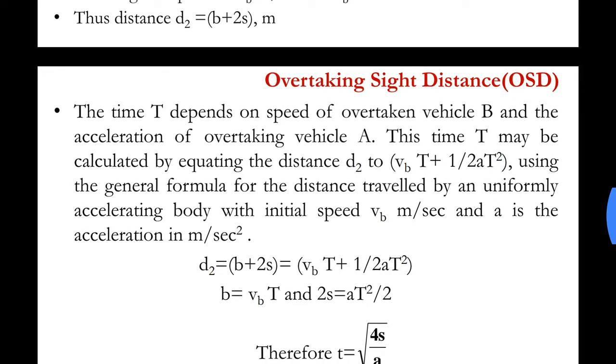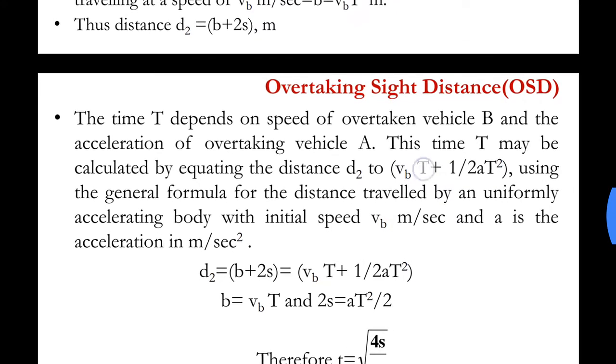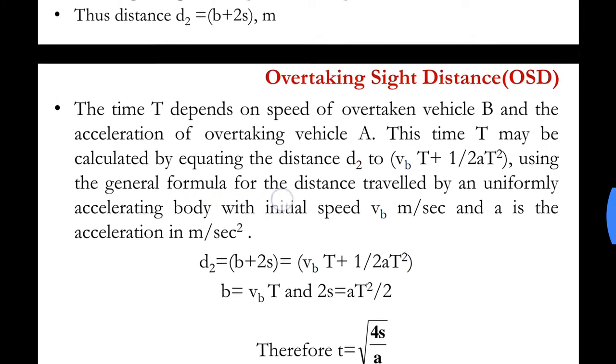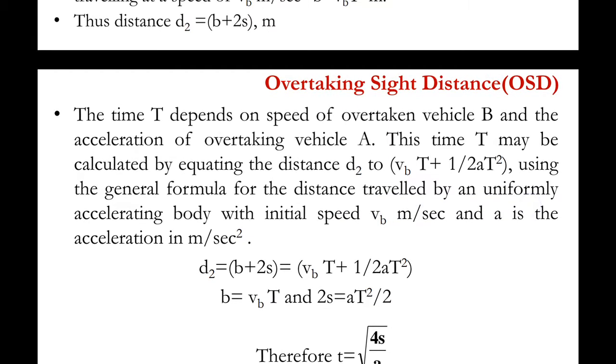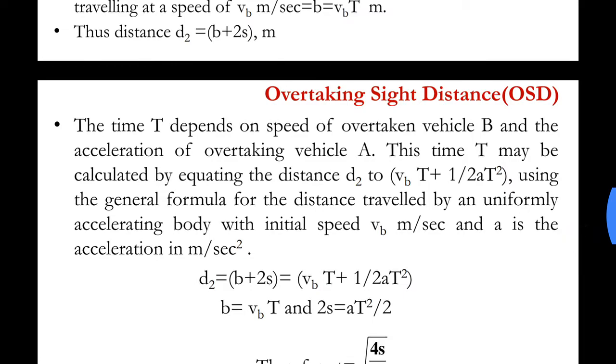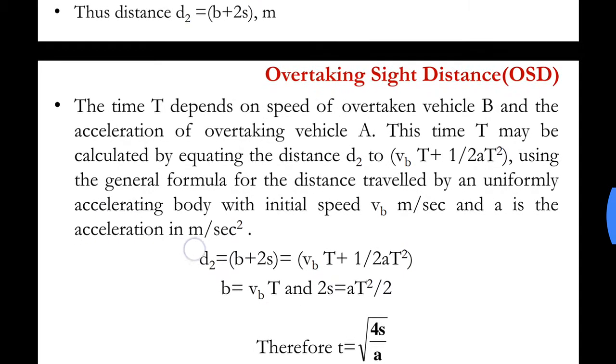This is one of the formulas given by Newton. We know that s, that is distance, equals ut plus half at square. So we got this formula from there, using the general formula for distance traveled by a uniformly accelerating body with initial speed Vb in meter per second and a is the acceleration in meter per second square.